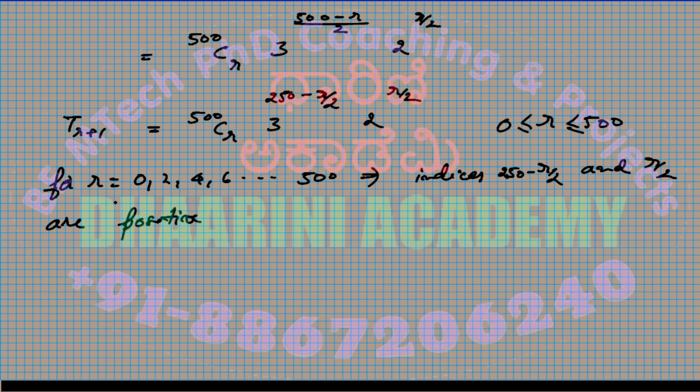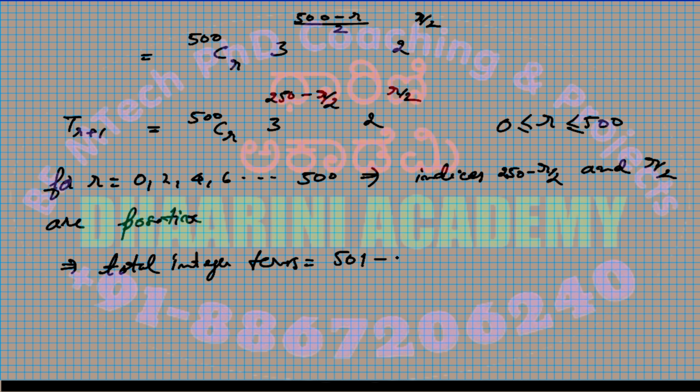Starting from 1 till 499, you have 250 terms. So the total number of integral terms is the total terms 501 minus the non-integral terms.